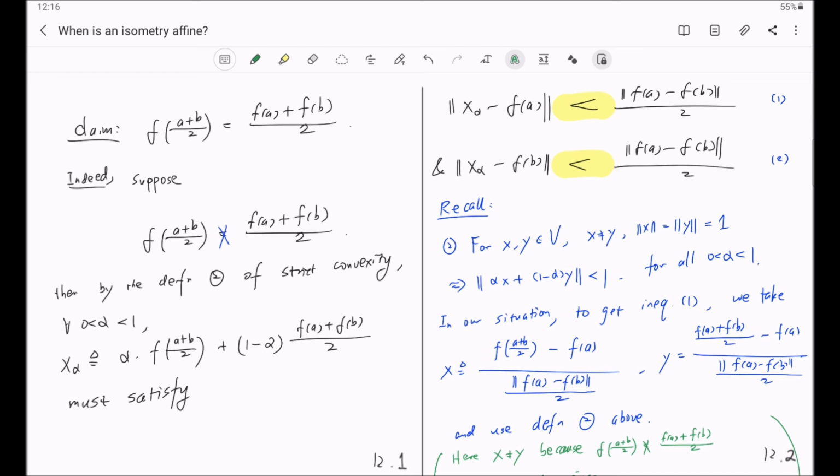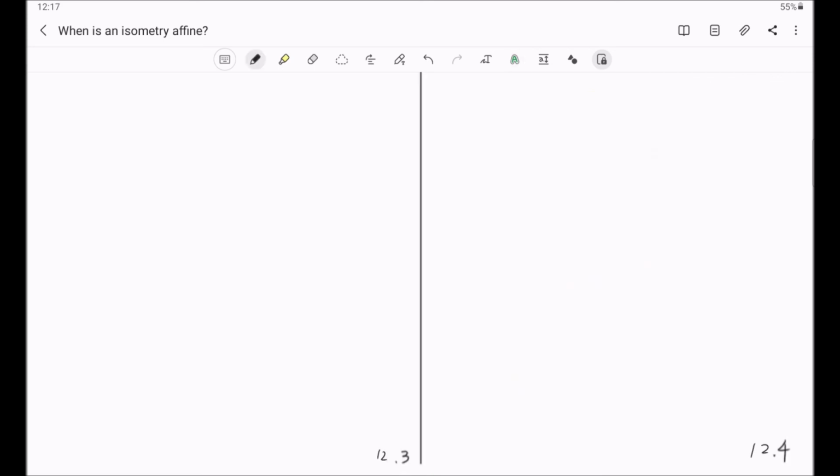So, what does inequalities 1 and 2 tell us? The inequalities 1 and 2, together with the triangular inequality applied on the left-hand side, will tell us that the norm of f of a minus f of b, by the triangular inequality, is less than the norm of x sub alpha minus f of a plus the norm of x sub alpha minus f of b.